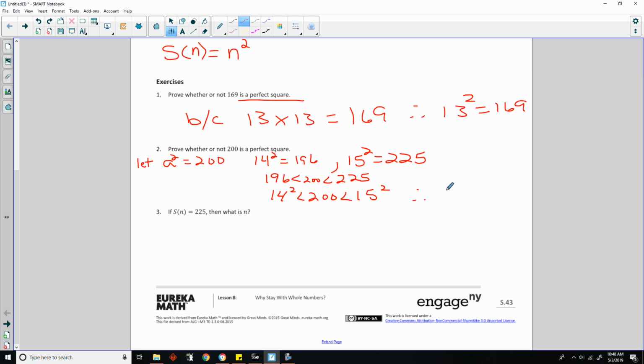Therefore, a squared is between 14 squared and 15 squared, so a is between 14 and 15. So therefore it's not an integer. So 200 is not a perfect square.